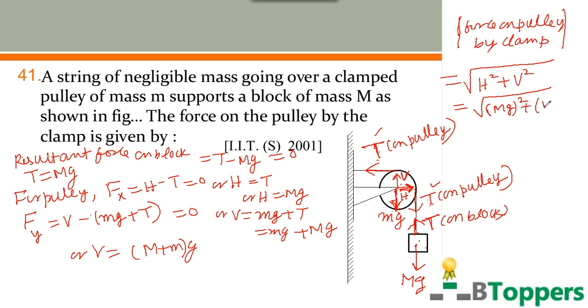We can substitute H equal to capital M into small g, V equal to capital M plus small m into g. So within the root you can take g square common. Under root of g square you can write g.